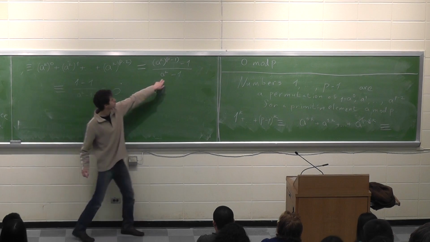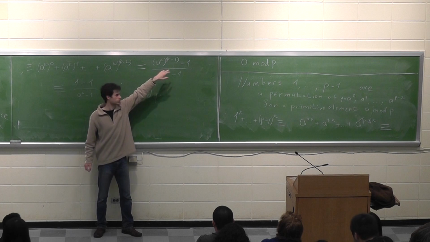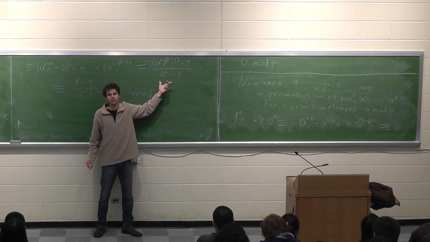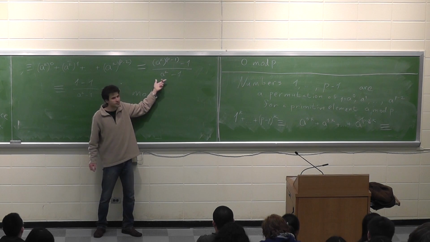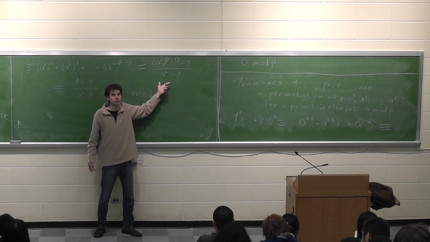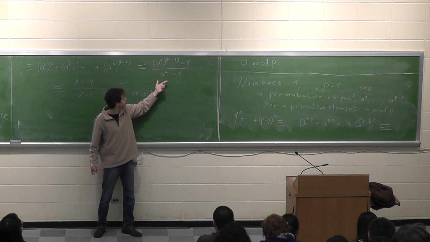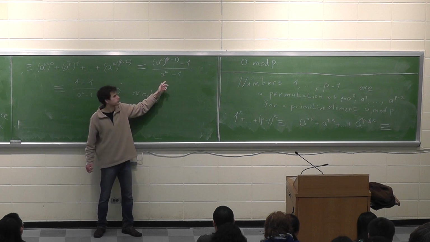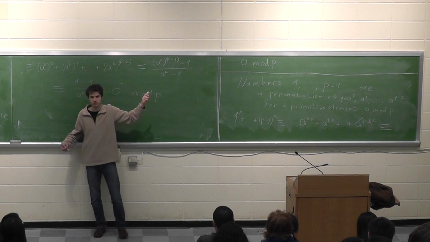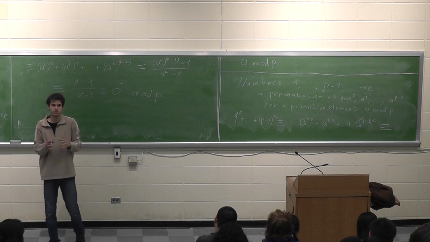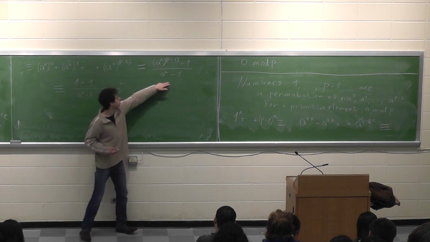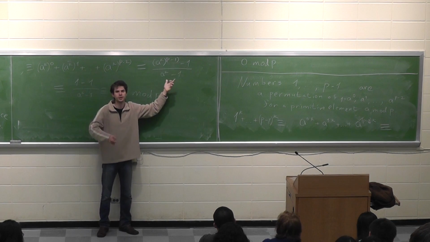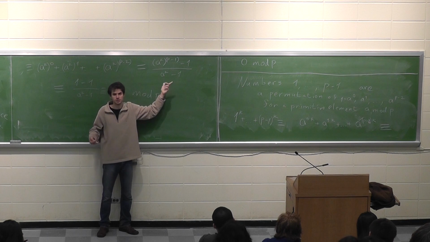What happens is that the denominator here could be equal to 0. Well, a is some positive number, it itself is not equal to 0, and a is not equal to 1, it's a primitive root modulo p, so this number is not equal to 0. But modulo the prime p, it could happen that it is 0.